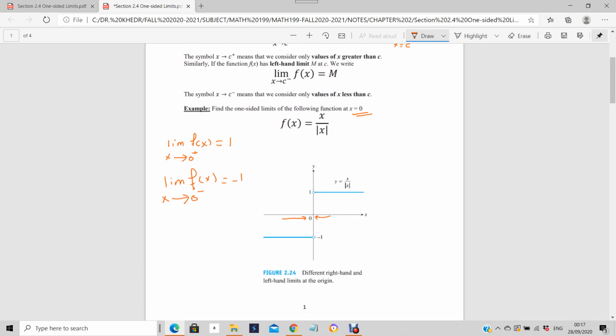Since the right side limit is 1, and the left side limit is minus 1, these two limits are not equal to each other. Hence, the conclusion: lim f of x as x goes to 0, D N E, does not exist. Why? Because the one-sided limits are different.